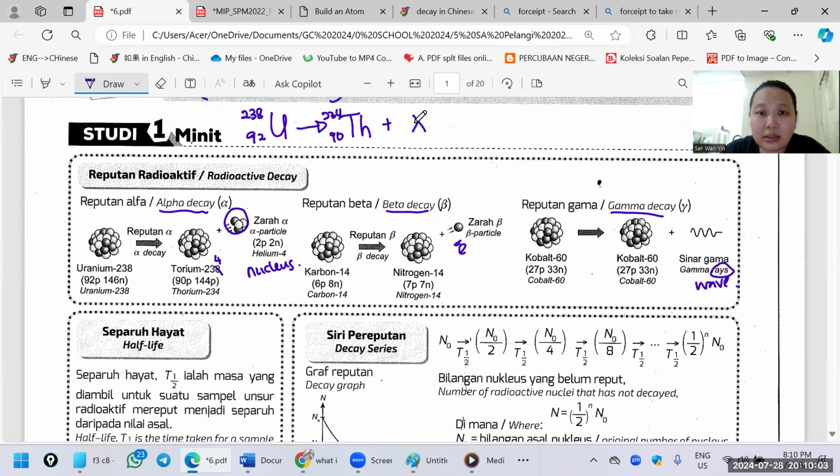If this is X and this is Y for a particle P, you make an equation here and you can see very clearly already.